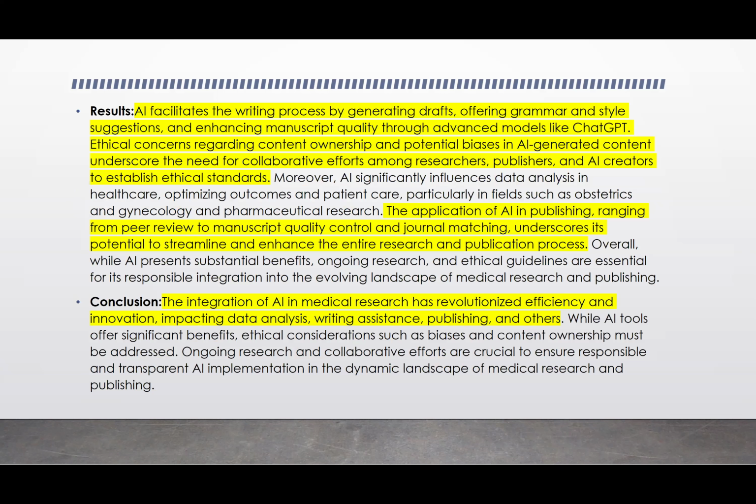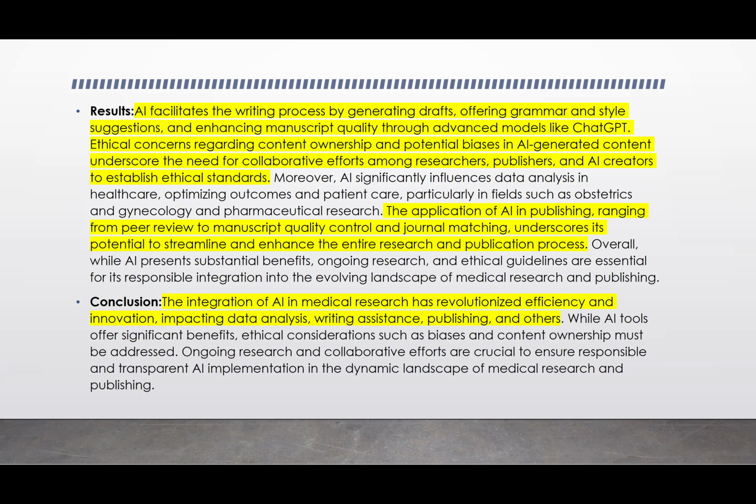AI facilitates the writing process by generating drafts, offering grammar and style suggestions, and enhancing manuscript quality through advanced models like ChatGPT. Ethical concerns regarding content ownership and potential biases in AI-generated content underscore the need for collaborative effort among researchers, publishers, and AI creators to establish ethical standards.